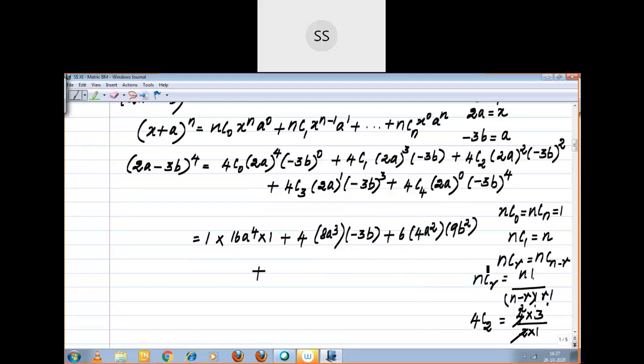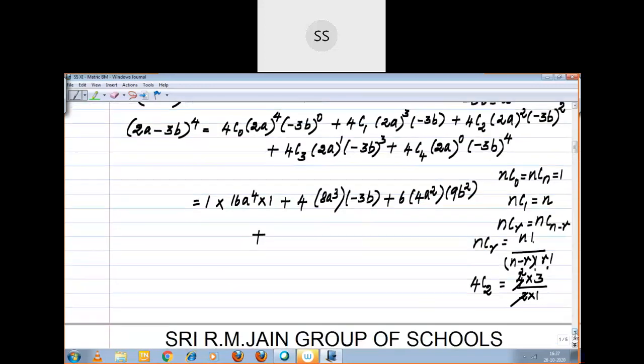I will explain this once again. See, nCr. Here you have to take 4c3 equal to 4c(4 minus 3), that is equal to 4c1. What is 4c1? 4.